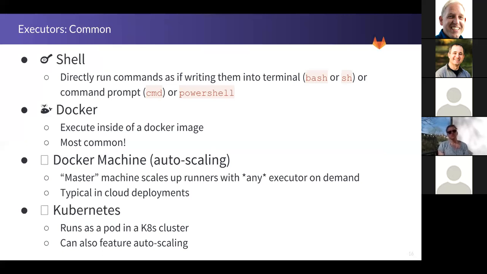It allows you to scale up and down with demand, just like the Kubernetes one does. So the Kubernetes executor is similar, but it actually runs the build as a pod in the Kubernetes cluster. And again, that also brings you some native auto-scaling options around how that works.